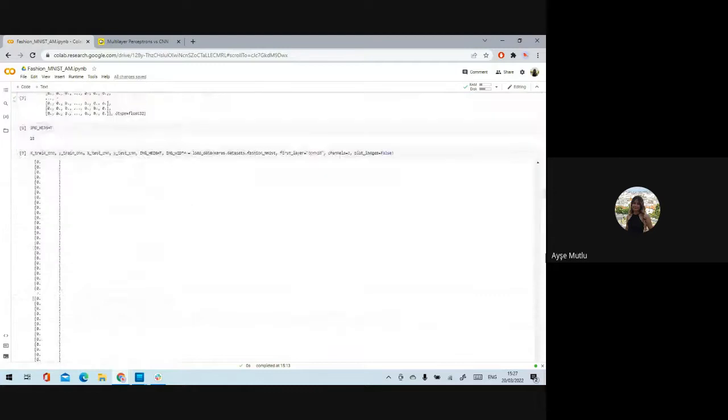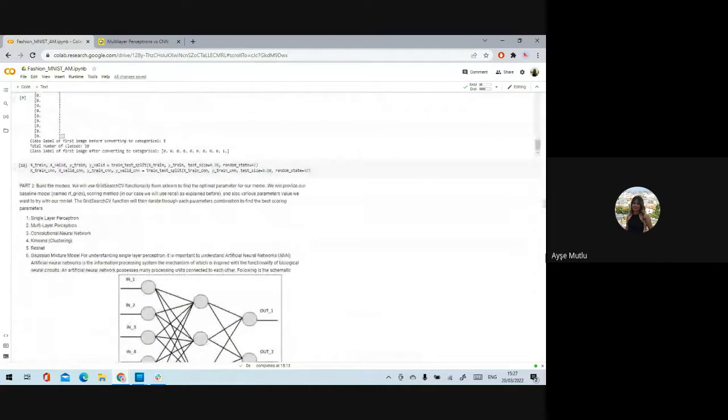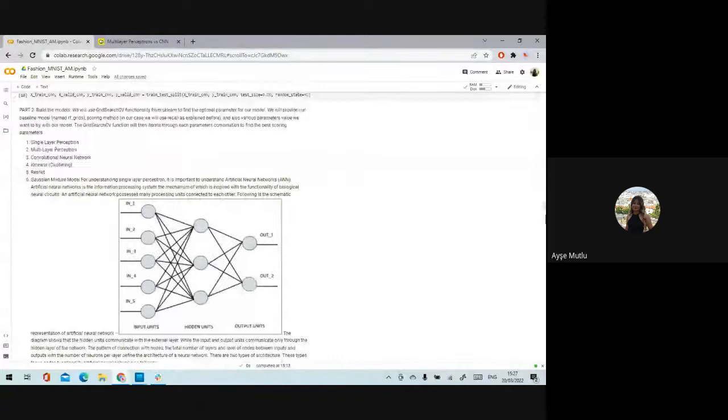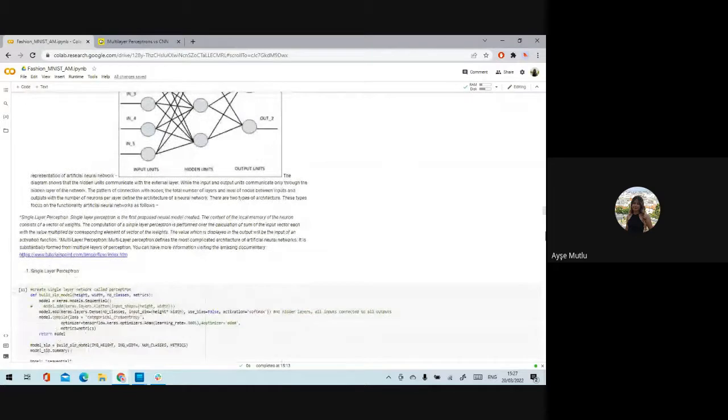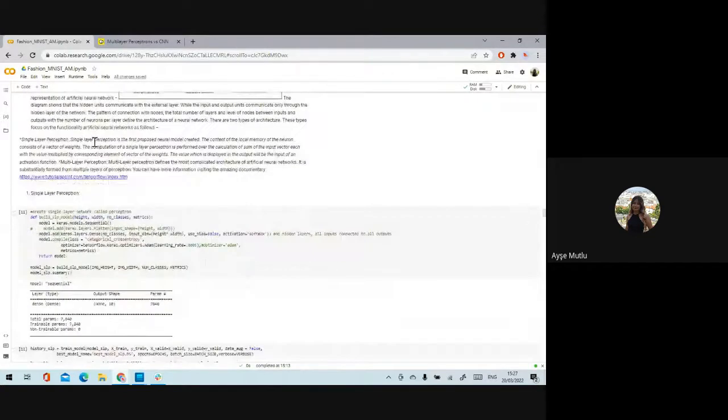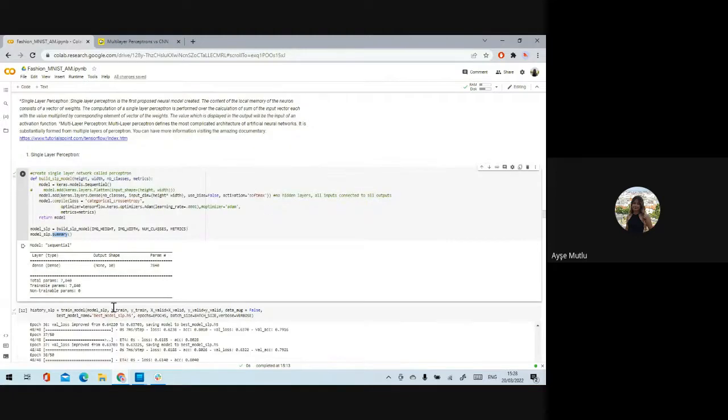Last week, the aim was to build the single layer perceptron model and the multi-layer perceptron model. We were using TensorFlow, and we saw how it is done. We instantiated the model using Sequential and added the layers, then compiled the model, and the summary function gave us the details of the model.